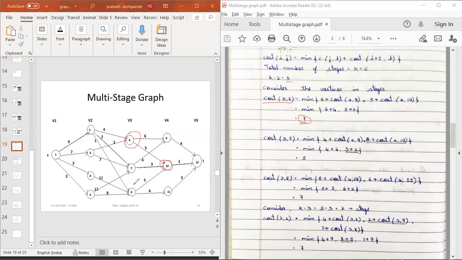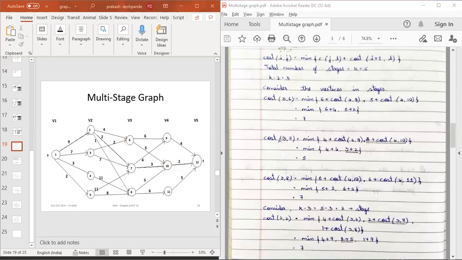Then I can decide which vertex gives me the minimum value. And the one which gives the minimum value, that particular vertex, I'm going to add into my solution, right? Now we need to calculate the path from the vertex 7, which is placed in the third stage. It is clear, all the drawings.